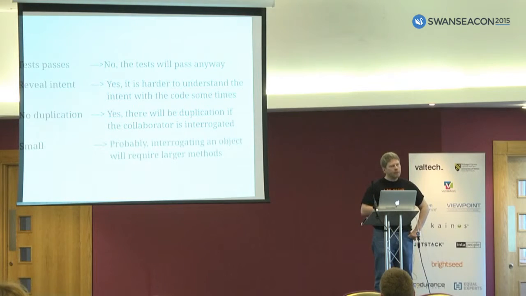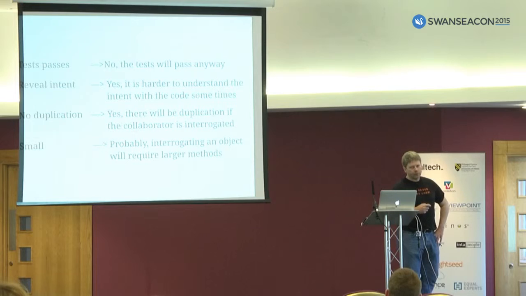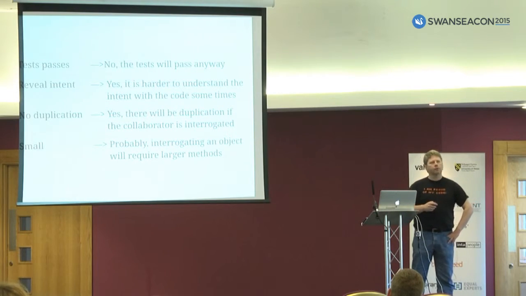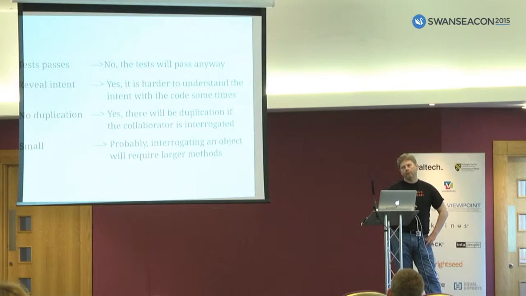Small, I would say probably. Because if you interrogate an object, then this will take a lot more code to write, and therefore break the rule that stuff should be small. And then there's obviously interesting definitions here. What is small? I don't know. It's not large. That's not a really good definition.